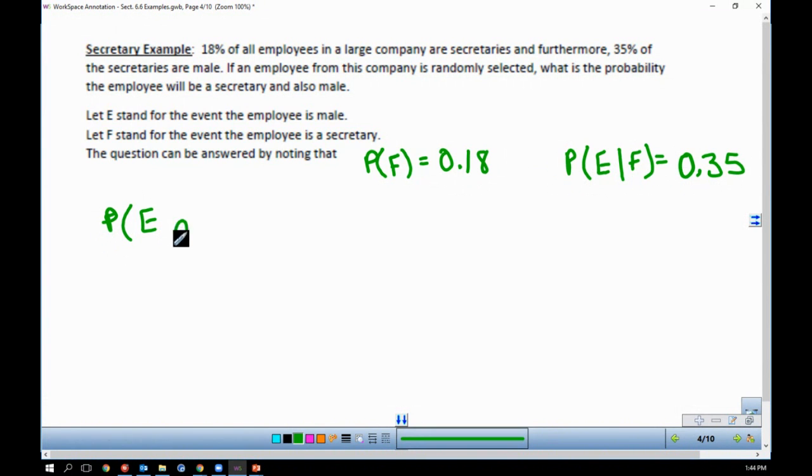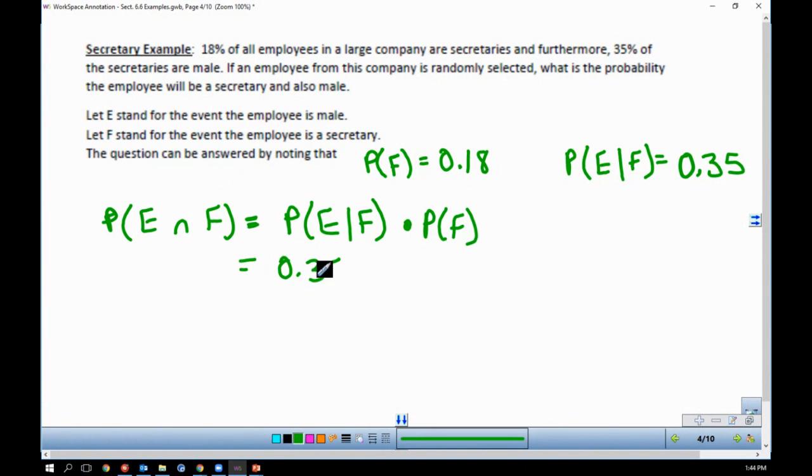Probability of E and F occurring. So we have to use the rule that we just talked about. Probability of E given F times the probability of F. 0.35 times 0.18.